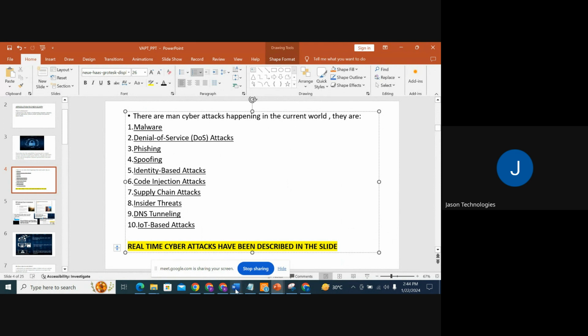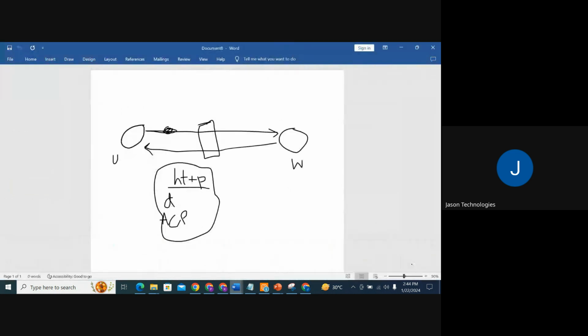So I have explained how the attacker can gain access to the user. HTML injection means, let's say, there is a web page with some HTML elements. To create a web page, there should be HTML elements along with CSS elements.